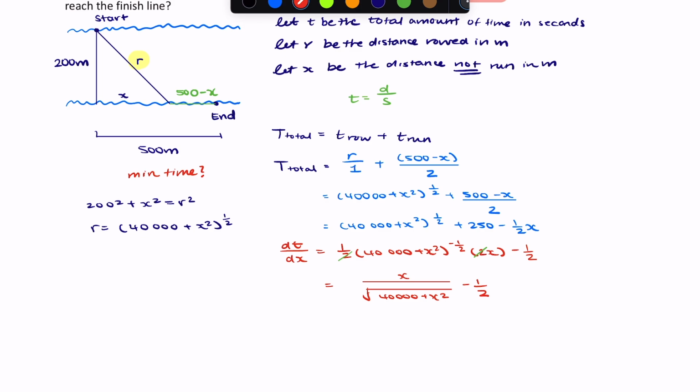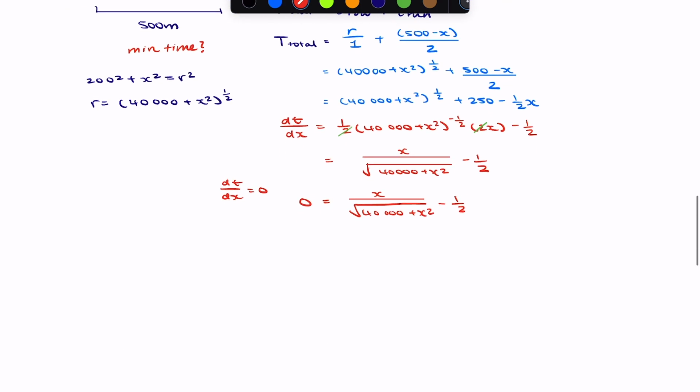And here, in this situation, we'll make dt over dx equal to 0. And so 0 is equal to x over square root 40,000 plus x squared minus 1 over 2. And just a note here, again, that dt over dx is never undefined.